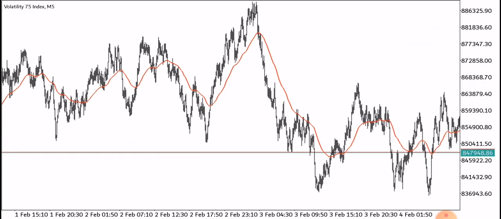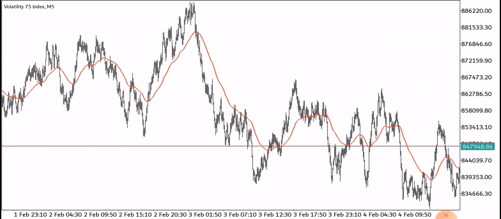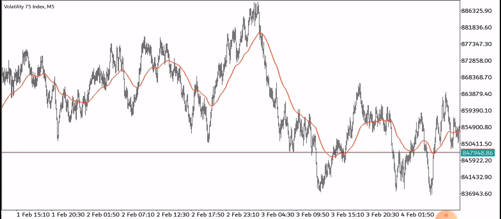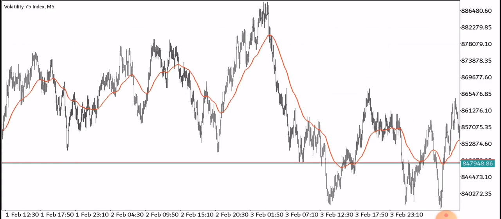So if you're starting off with a $100 account or thereabout, or a $1,000 account, don't lose more than 10% of your account in one trade. The reason is, if you manage the risk properly, then you can always come back to trade again. It is the price movements that give you the money, not just your over-leveraged lot size. If you keep to this game, you're going to do pretty well.